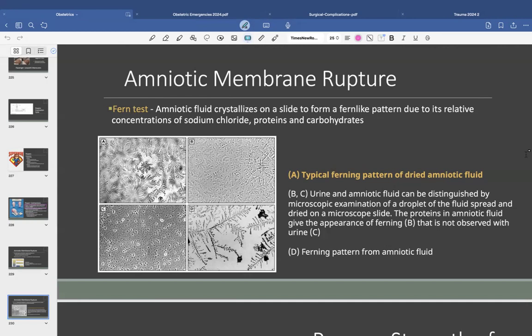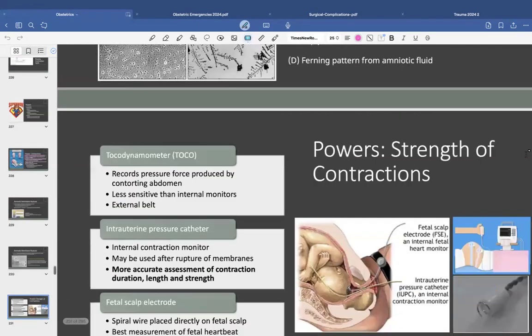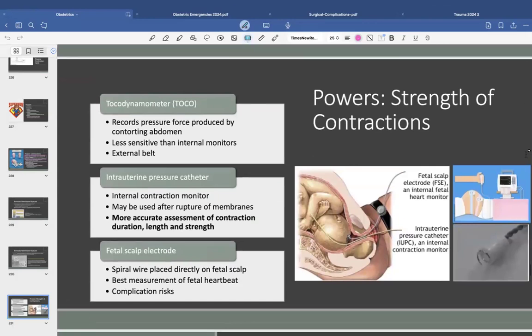The TOCO is a little less sensitive than internal monitors. So the intrauterine catheter and the fetal scalp electrode are gonna be internal monitors, whereas the TOCO is an external belt. See the picture on the far right side, that's gonna be TOCO testing, which is ideally what you see in a lot of labor and delivery units.